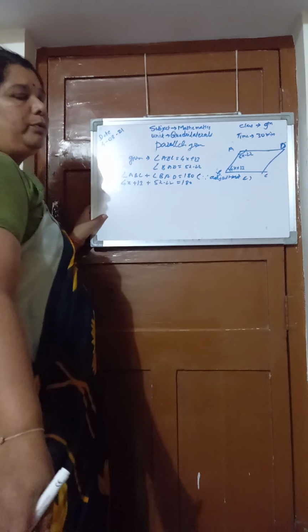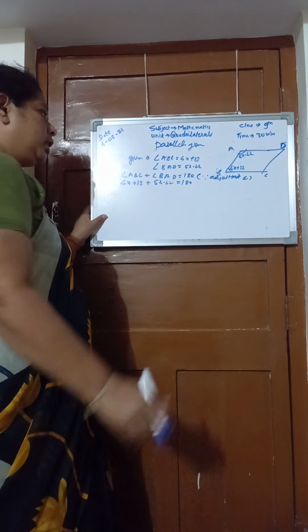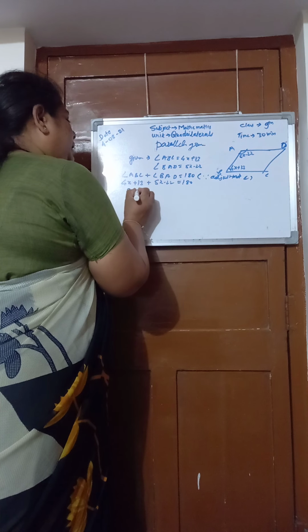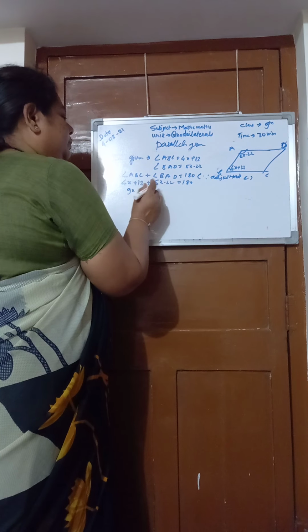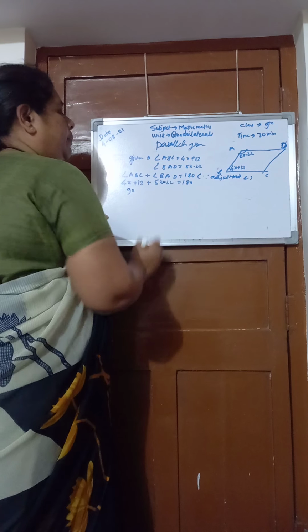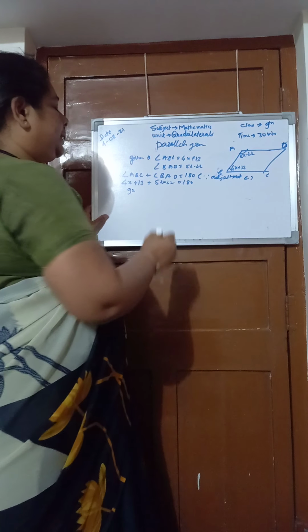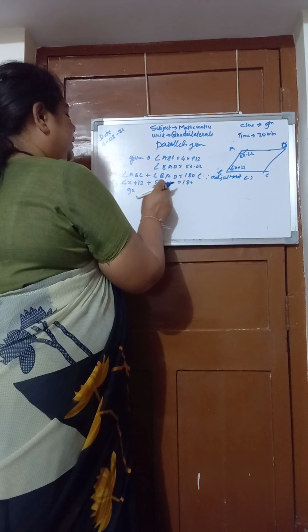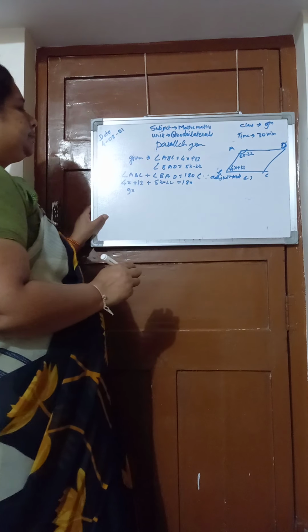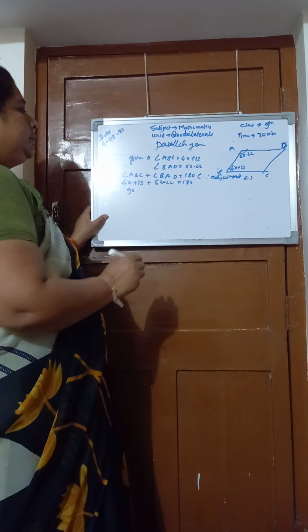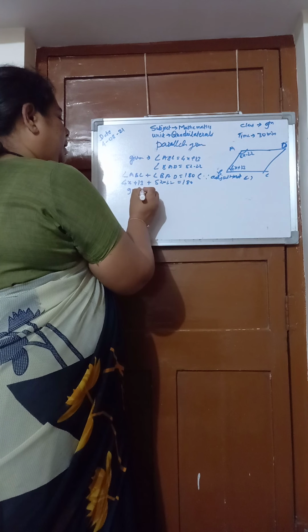Collect the similar terms. 4x plus 5x, who will tell me the answer? Good, 9x. 13 minus 22, these have opposite signs. Therefore, subtract them from each other, that is 22 minus 13, 9.